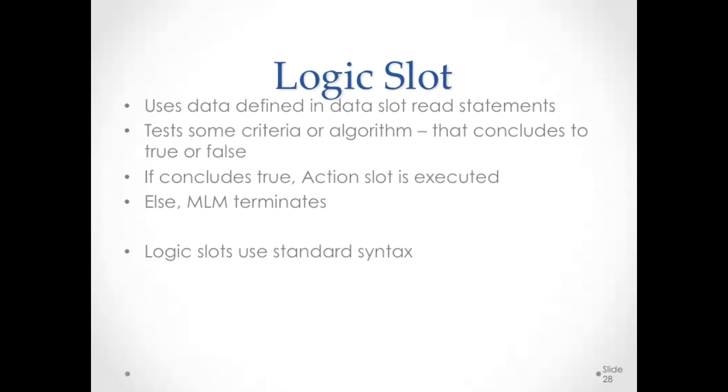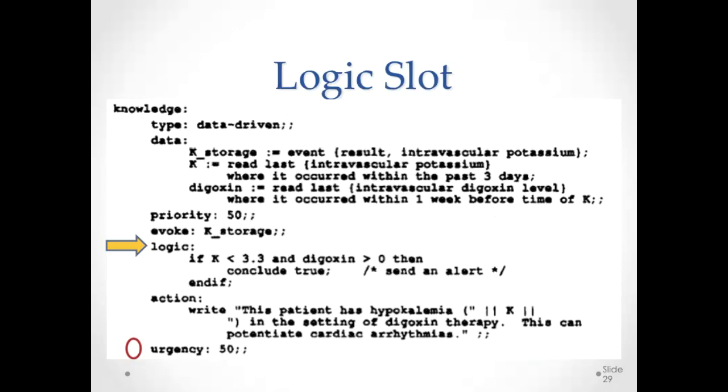So then this is the logic slot, which is actually where the if-then-else stuff goes, the actual algorithm. And here's an example. So this is our potassium and digoxin. So if potassium is less than 3.3, and now in order to do this, right, they had to pre-process that data.